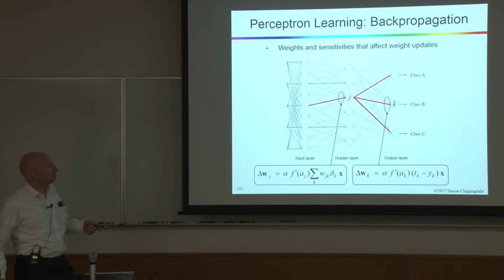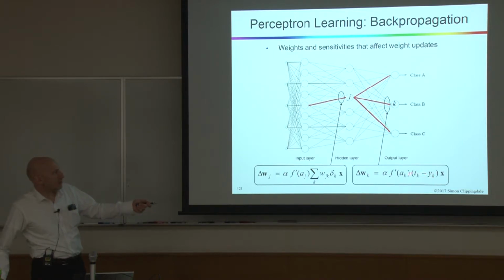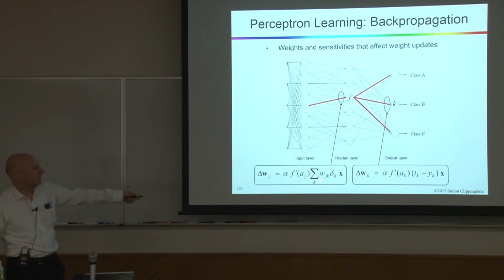So going back to this picture again, the output layer weight update looks like this. This is the error in the output, desired output minus actual output, when the input was X. Going back to the previous layer, that again is the sensitivity of the output unit K, and the weights connecting it back, these three weights here connecting back to this Jth unit in the middle layer.